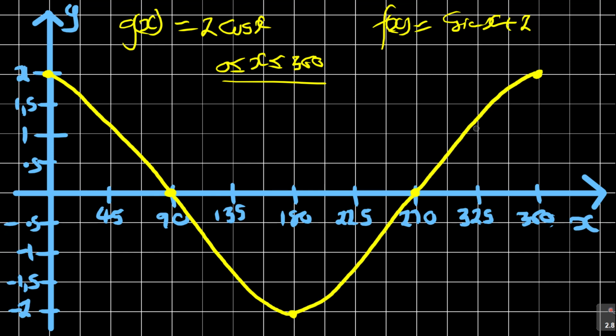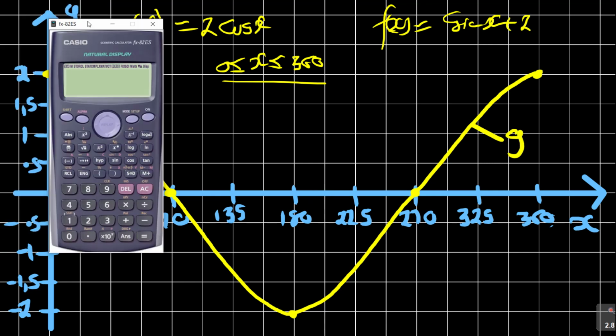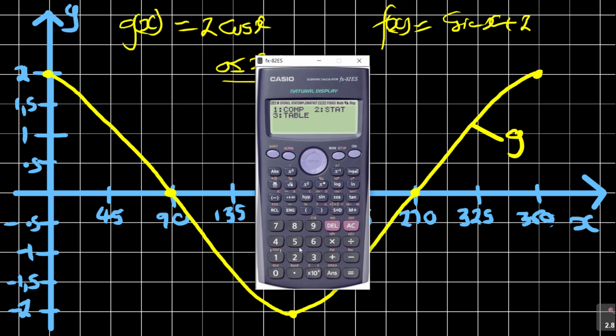Are you saying that this is g? What about f of x? You do the same thing, and in this case you're saying mod 3 sin alpha x plus 2, equal to step, start 0 and 360, we are jumping in 45.